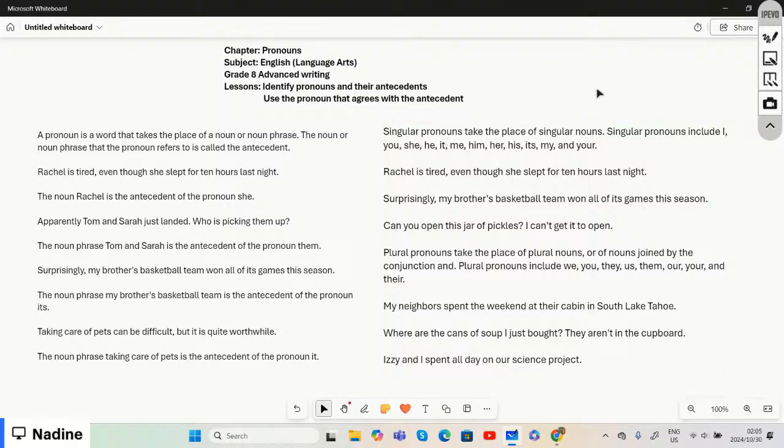And the lessons we are going to focus on under the chapter of pronouns are to identify pronouns and the antecedent, and to use the pronoun that agrees with the antecedent.